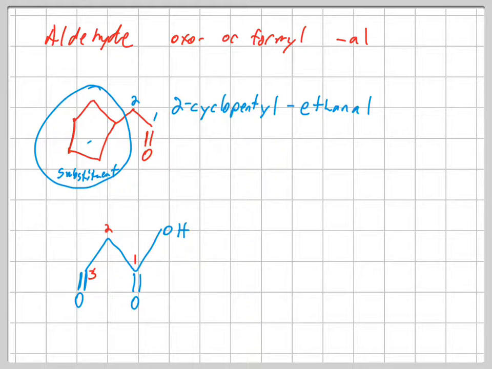We count from the side of the carboxylic acid. And so 3, so that's going to be propanoic acid. And then our aldehyde would be a 3-oxopropanoic acid, just like that.